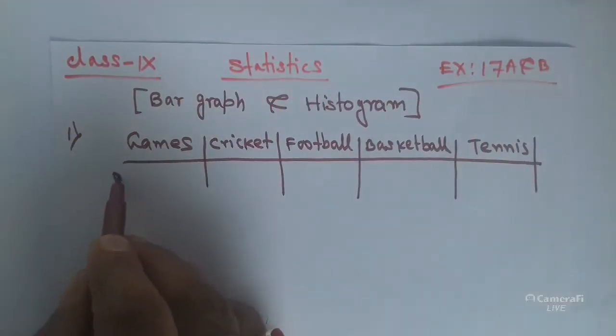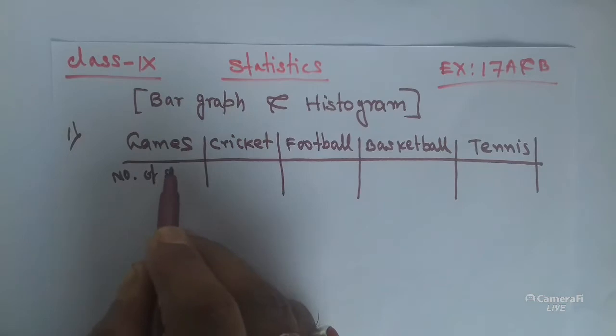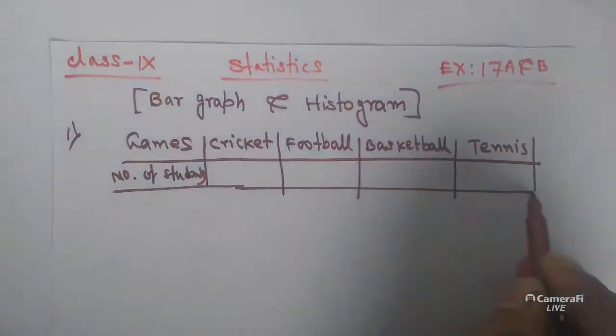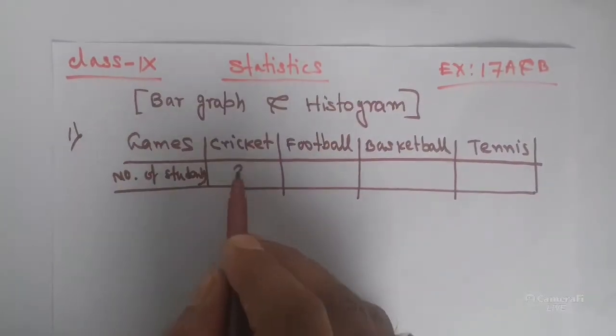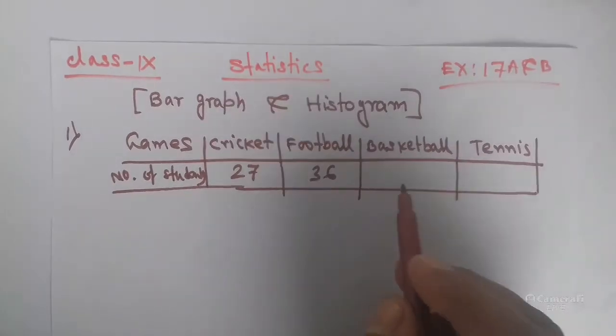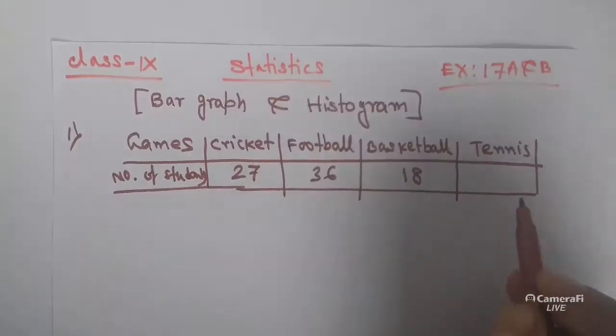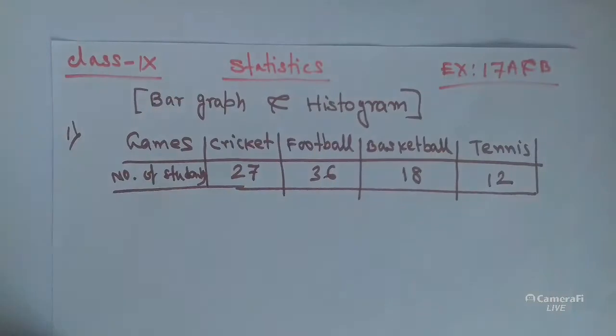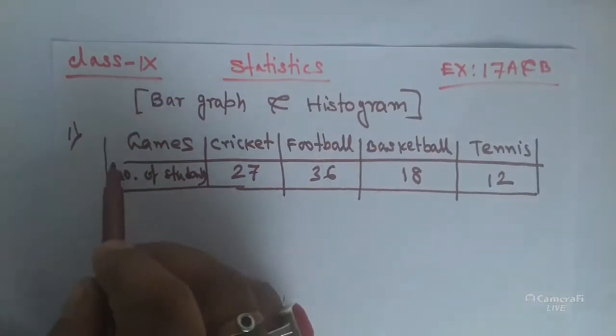And number of students. So for cricket the number of students is 70, for football 36, for basketball 18, and for tennis 12. So this is the data given.